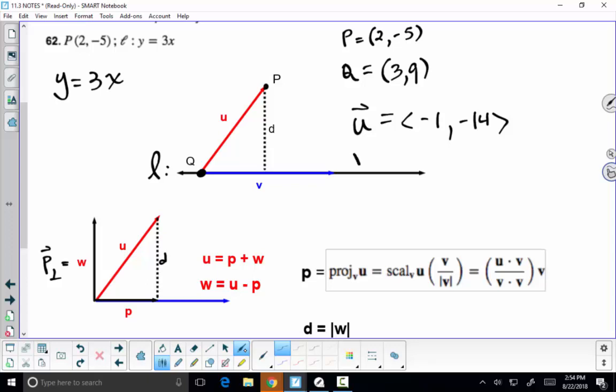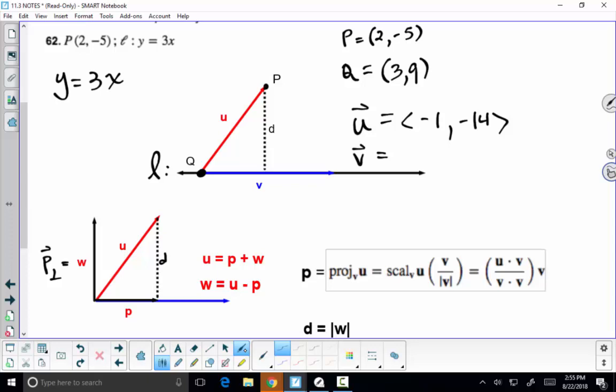Now we're ready to find vector v. Vector v is a vector that is pointing in the direction of this line. This one's a little bit more tricky to think about. How do we figure out the direction of that line? How do we find a vector that's pointing in the direction of that line? Could you just pick a second point on the line?